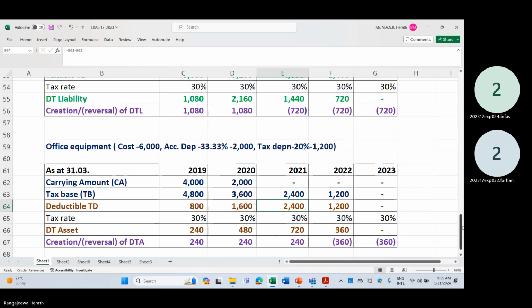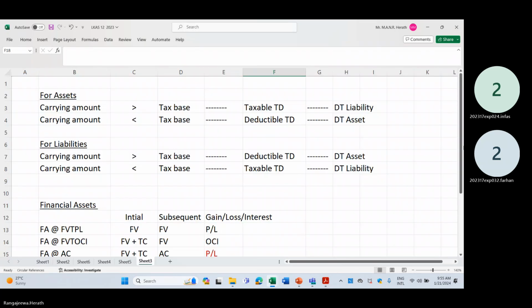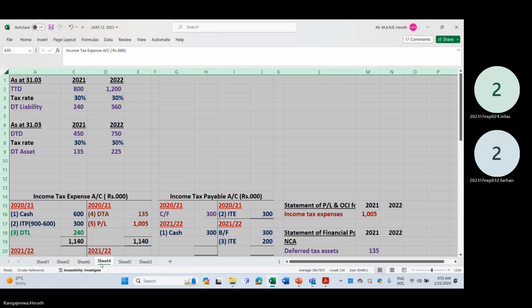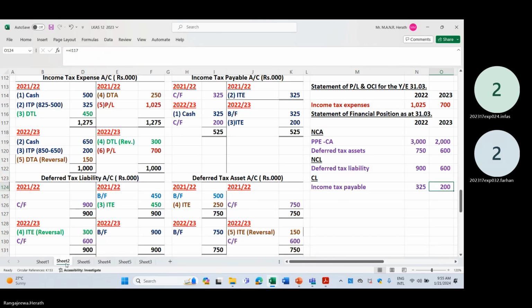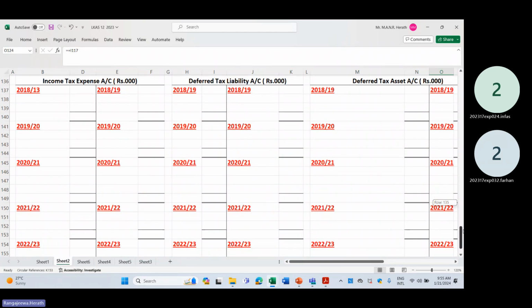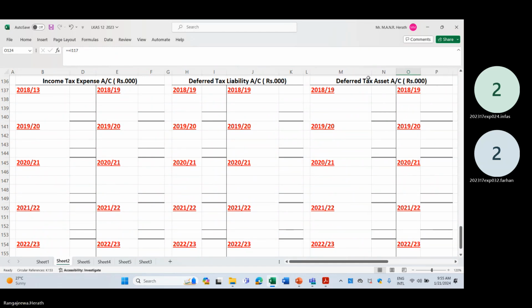Right? So we'll take it. Exercise 5. Take it this way. Preparing it for 5 years, right?